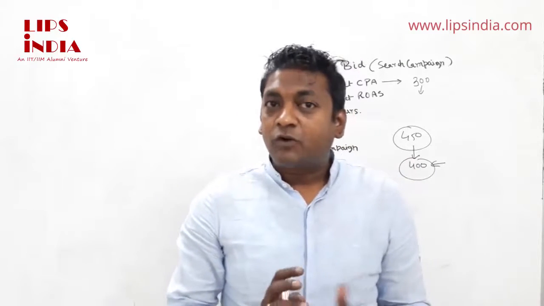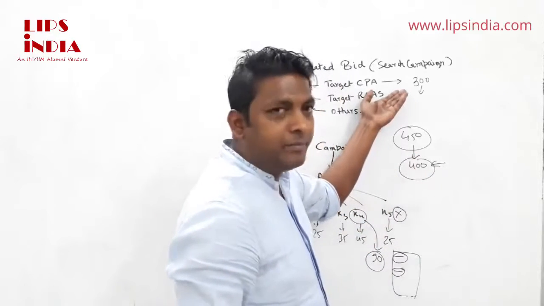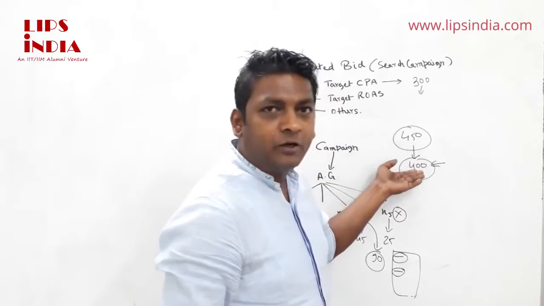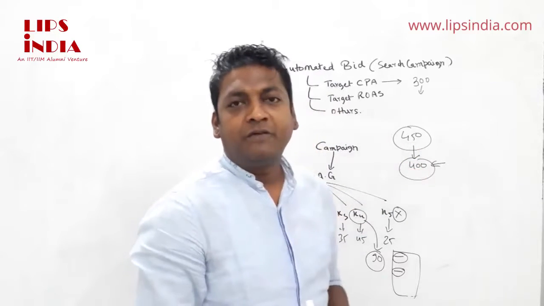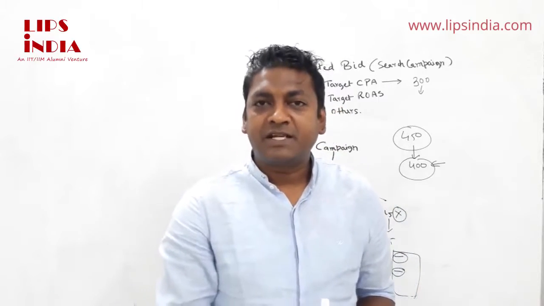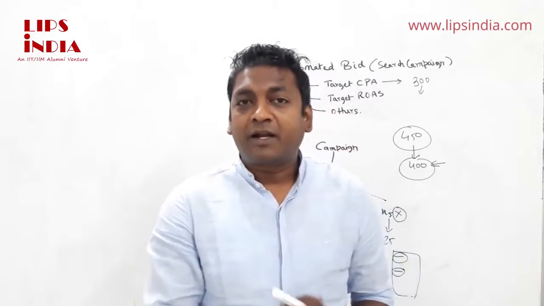That's where you have to take a call whether you want to continue with a CPA bid wherein your actual CPA cost has come down by 50 rupees, but the overall number of conversions comes down by 20-25%. Does that actually affect the profitability of your business or not, or how much of it will have an impact on the overall revenue?